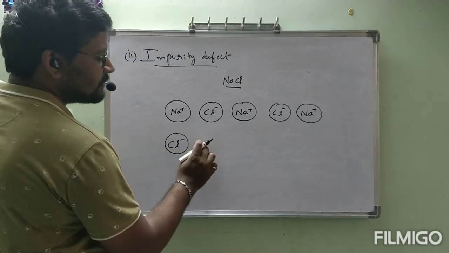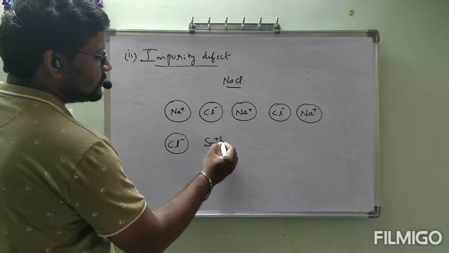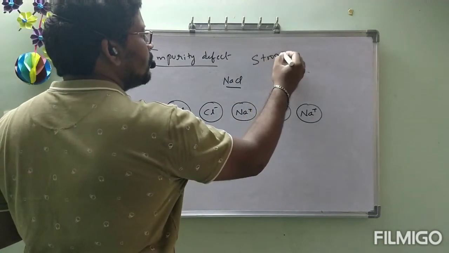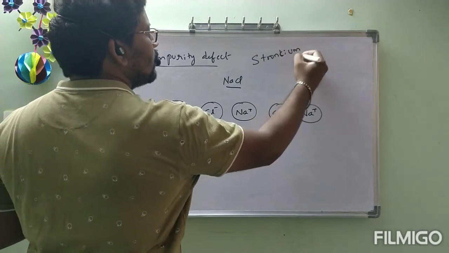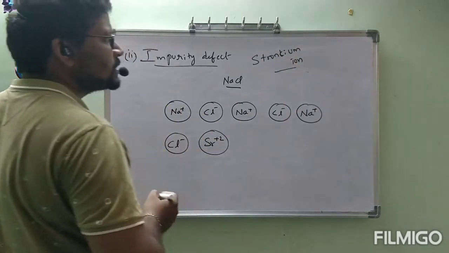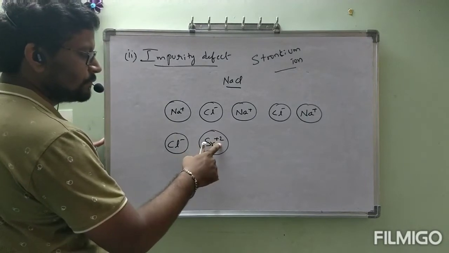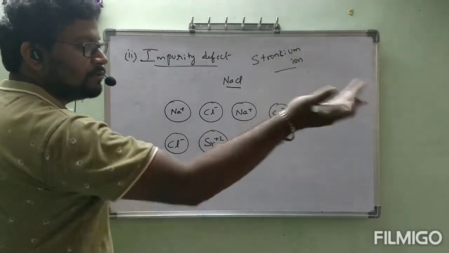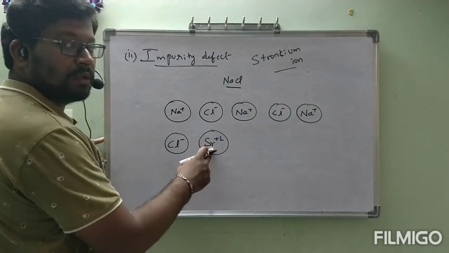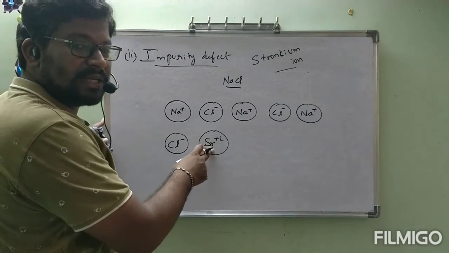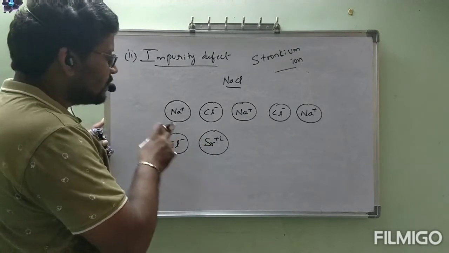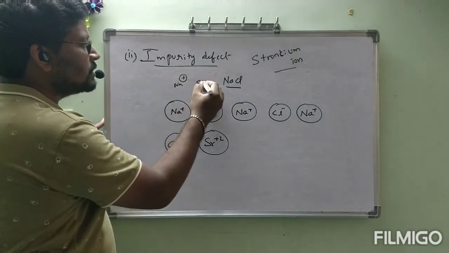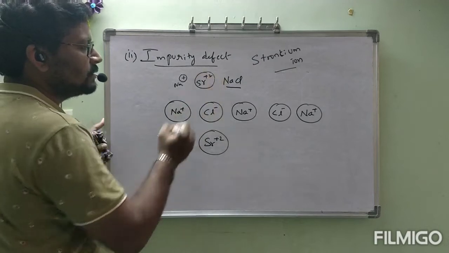Instead of this Na plus, here Sr plus 2 is there. Sr plus 2 means strontium ion, which actually contains plus 2 charge. See, this strontium is from outside, it is like an impurity. Na plus contains 1 positive charge, whereas strontium contains plus 2 charge.